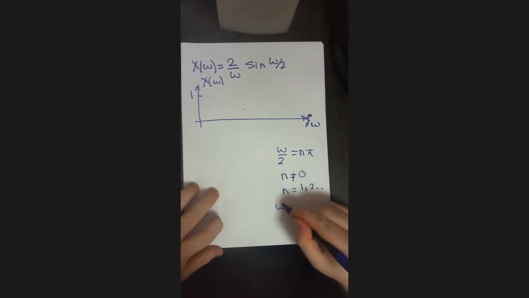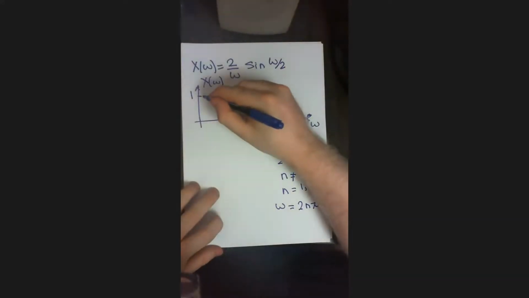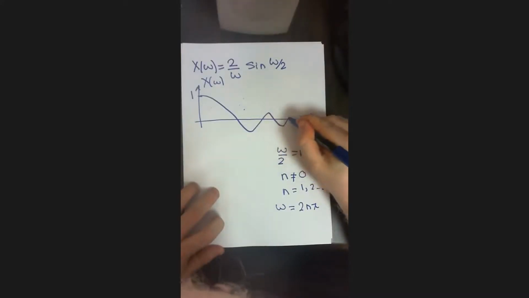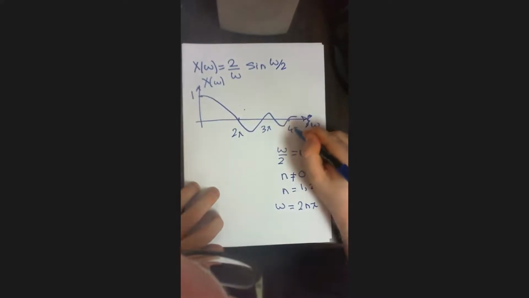So for omega equal to 2n pi, we will have a plus or minus. So simply you will find something like that in this manner, where this is n equal 1, so this is 2 pi, and then this is 4 pi, and so on.